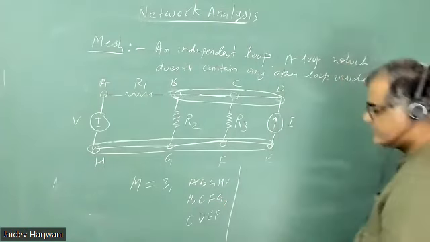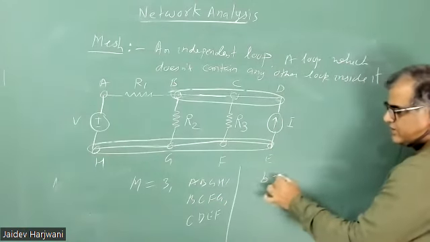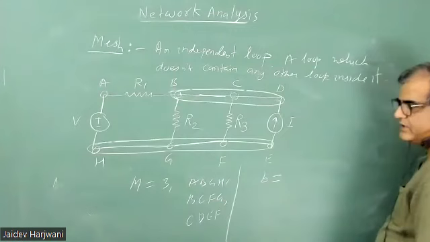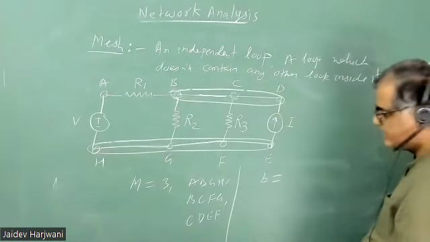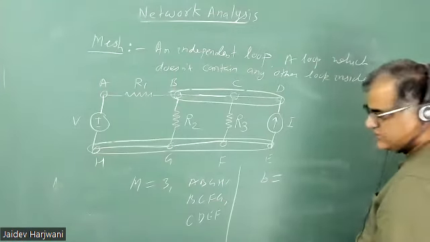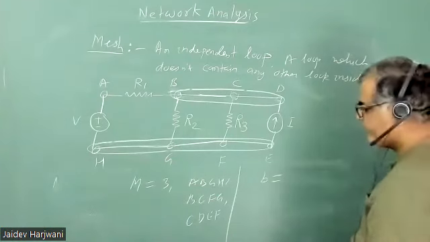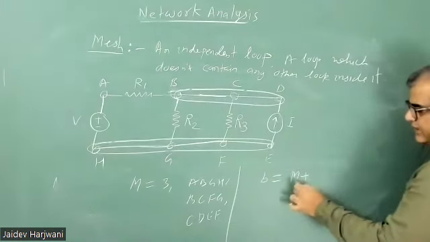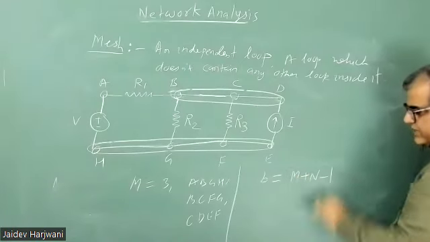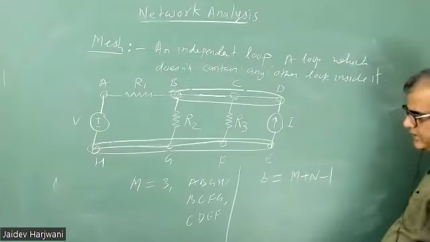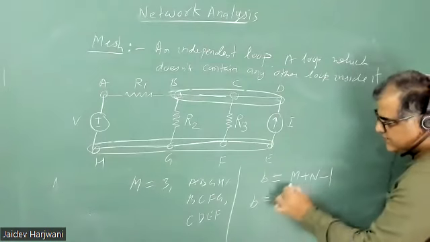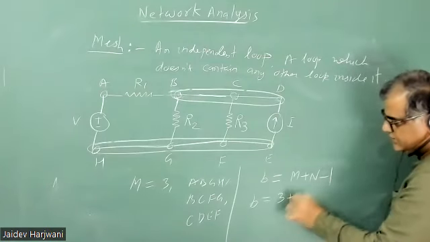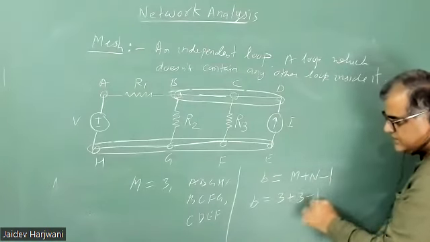And there's a relation between branch number, mesh number and node number for any network. There's a theorem which comes from circuit topology, which says the relation between E, M, and N is given by this equation. For example, in this given circuit, we have 3 meshes, 3 nodes, minus 1.